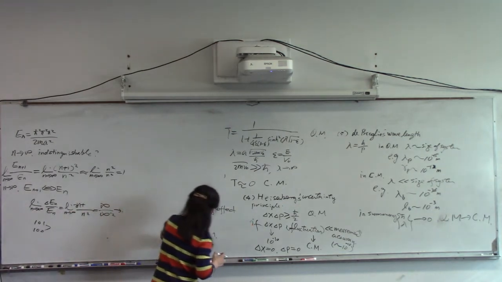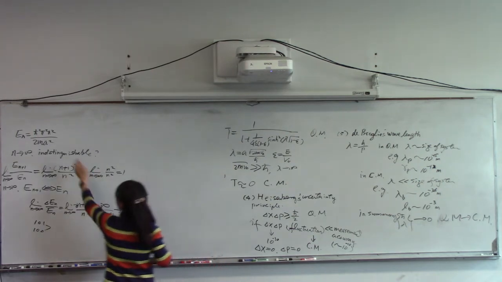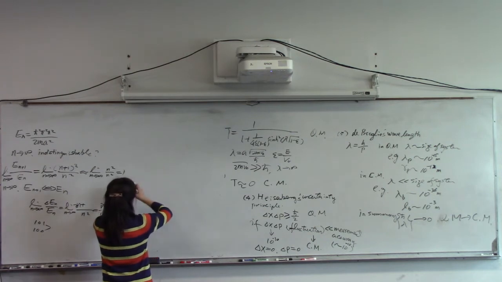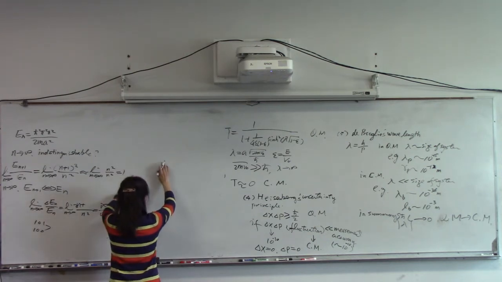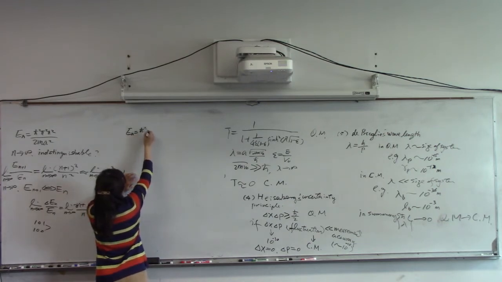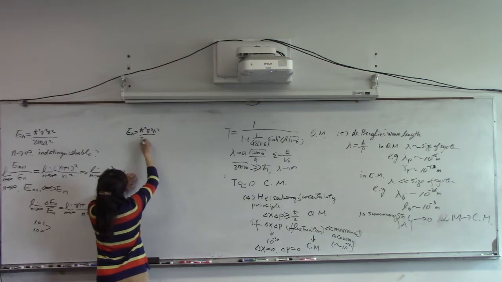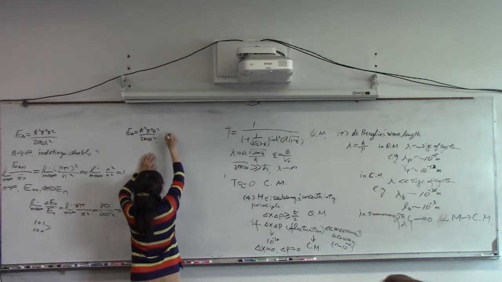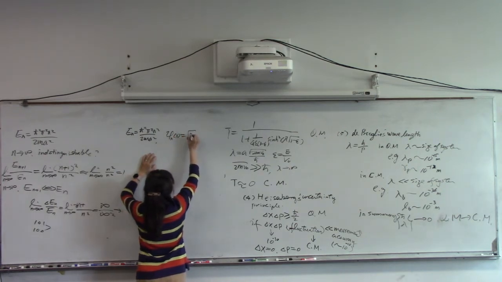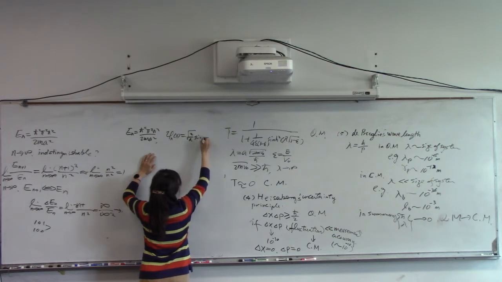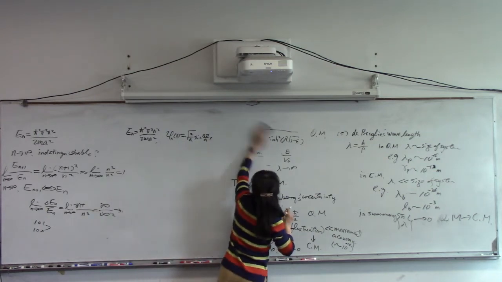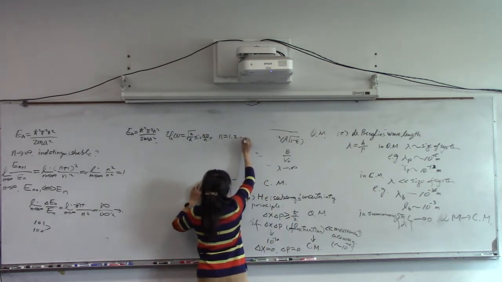Now let's continue our example. We discussed the infinite square well, and we did some practice. So we finished some of them. We just have the last one. So now, just rewrite the energy and the function, right? I think it is square root of 2 over a, sine of m pi x over a, with m from 1 to infinity.